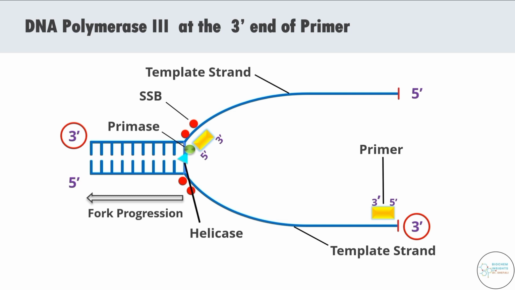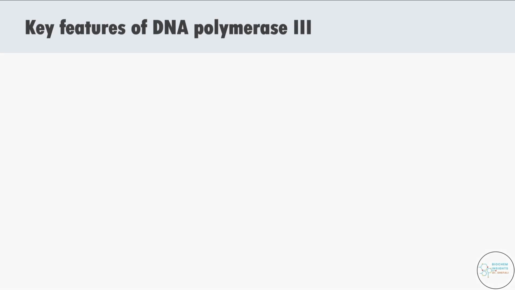Now considering the lower strand first, enzyme DNA polymerase 3 comes into play and gets attached to the 3' OH of RNA primer. As I've been telling you right from the beginning, DNA polymerase 3 is the master enzyme that actually performs DNA synthesis. So let's see a few facts about DNA polymerase 3 to understand how it performs DNA synthesis.